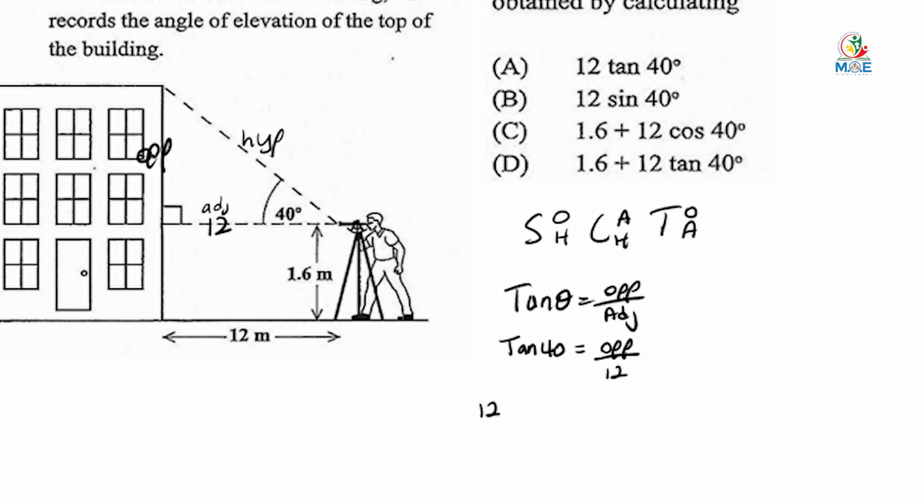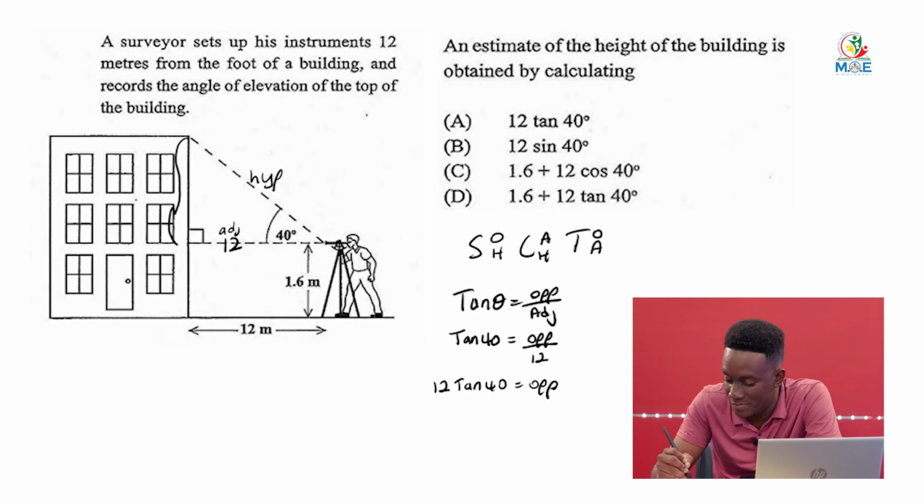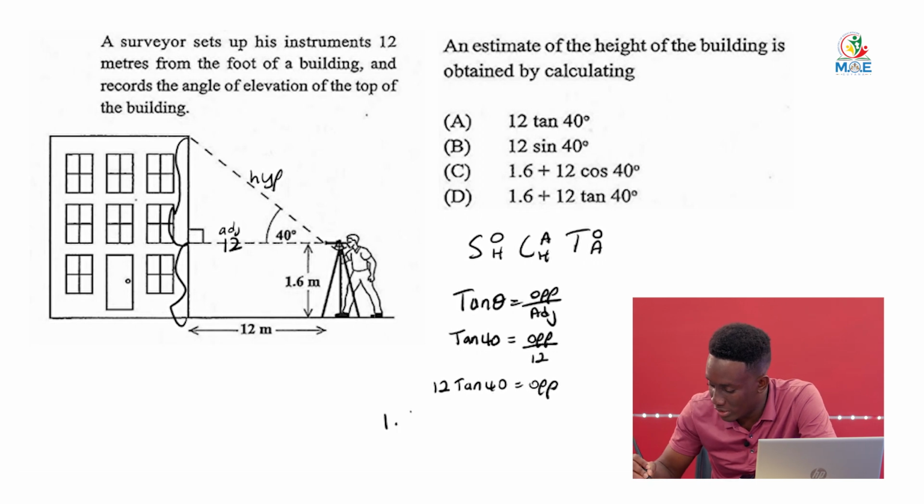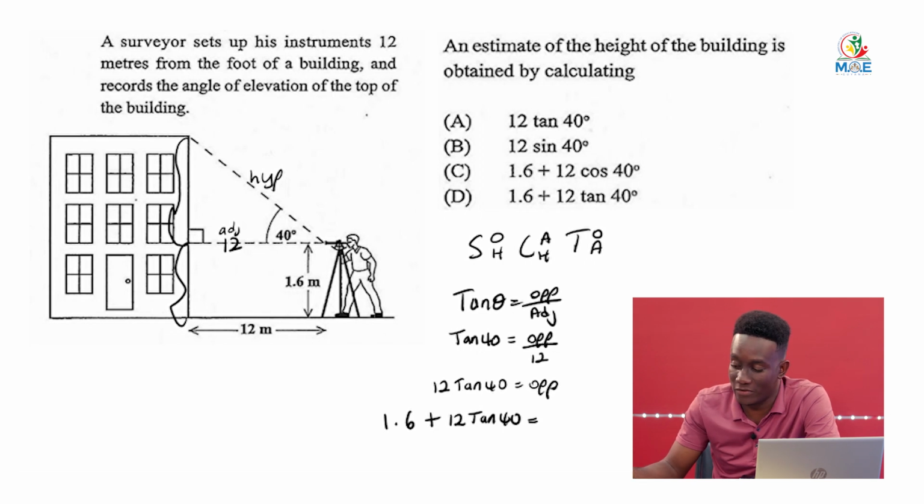So we'll have 12 multiplied by tan 40 is equal to the opposite, which is the side that we want to find. That will just cater for this piece here. So now we see we need to add this to 1.6. So we can say 1.6 plus 12 tan 40 would give us an estimate of the height of the building.